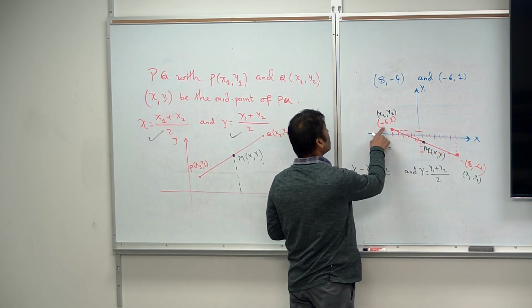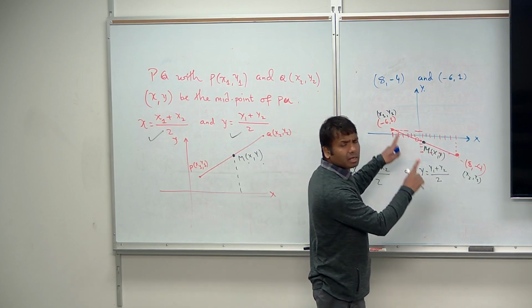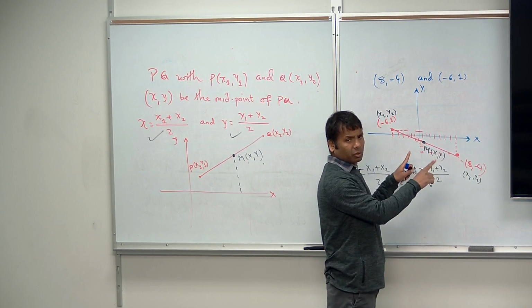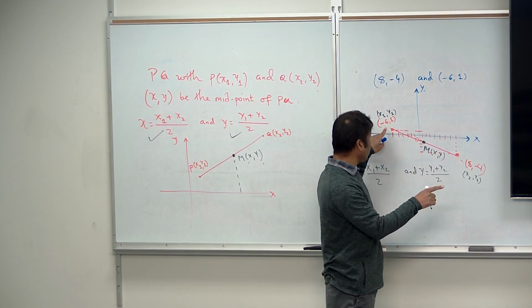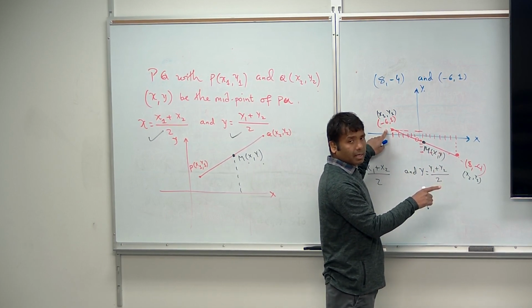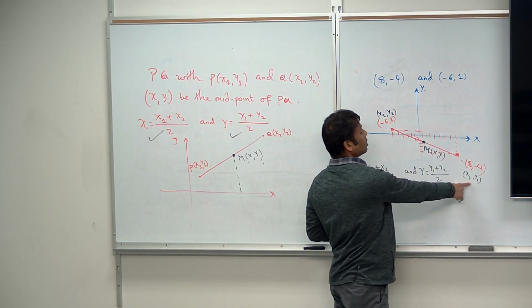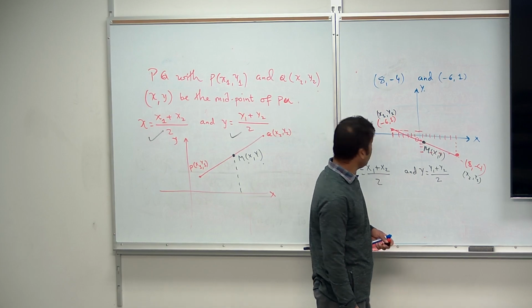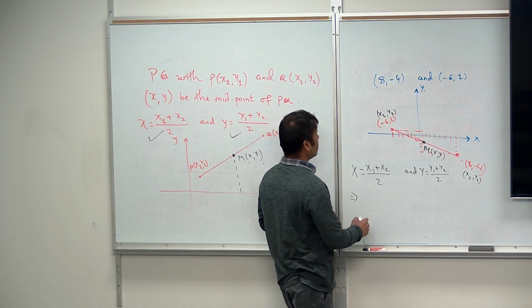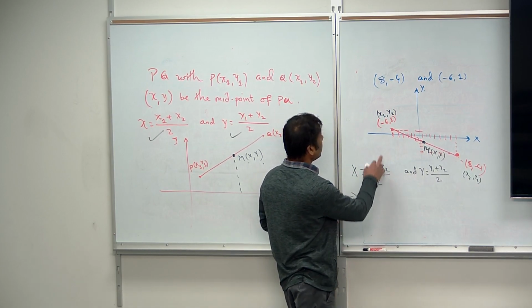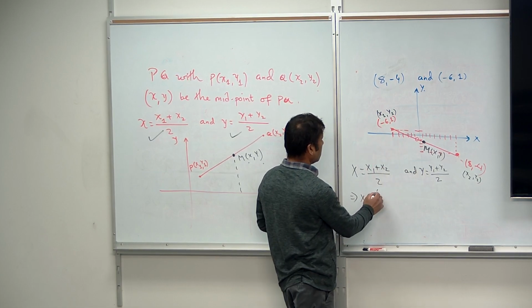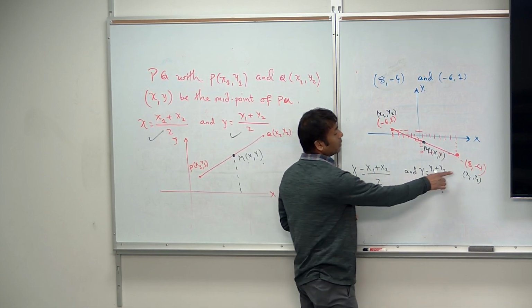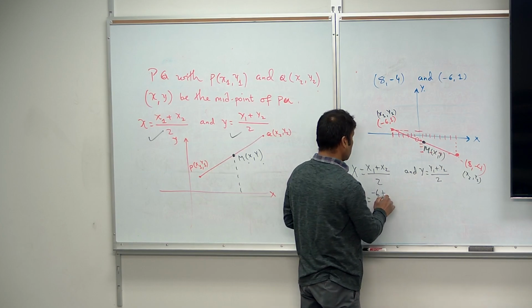You can consider either one of them as (x1, y1) and (x2, y2), it doesn't matter. Here I consider this as (x1, y1), and you can consider this as (x2, y2), it's up to you. So what is x1? So x equals, your x1 is negative 6 plus, what is your x2? 8. So negative 6 plus 8 over 2.